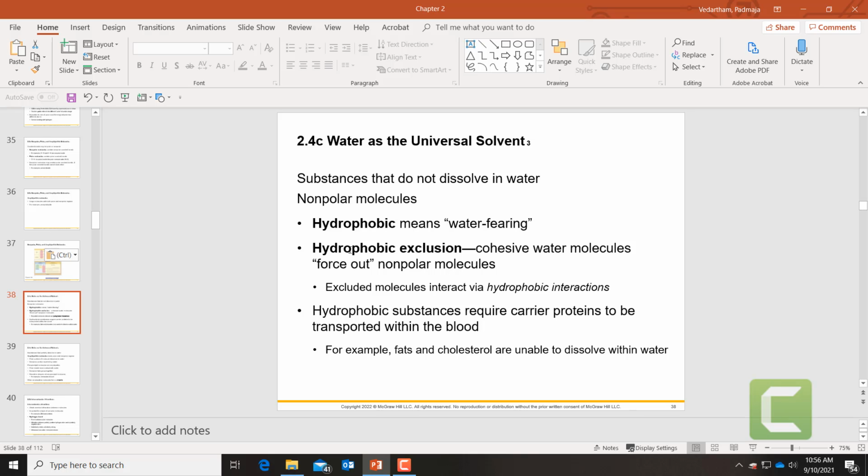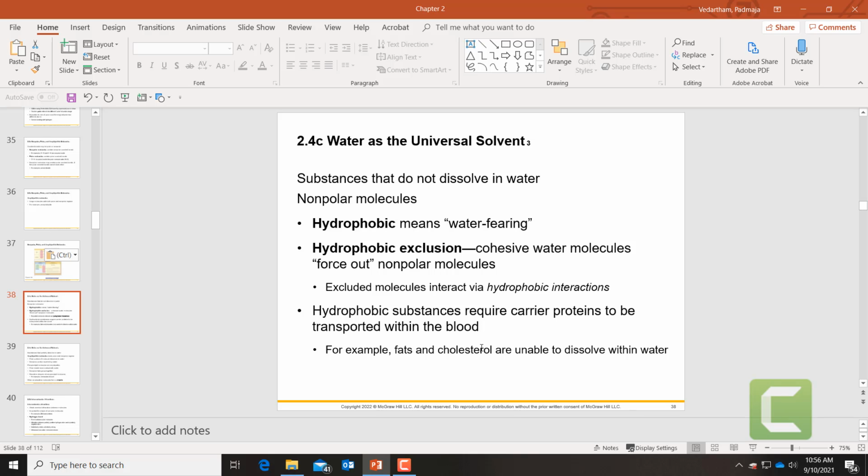What this means is the hydrophobic lipids can travel in the blood only if they are attached to protein molecules. So it's kind of an amphipathic molecule, but not really, because the lipids are completely enclosed within a protein molecule. Take fats and cholesterol, right? The digested fats are covered by proteins and form what we call chylomicrons.